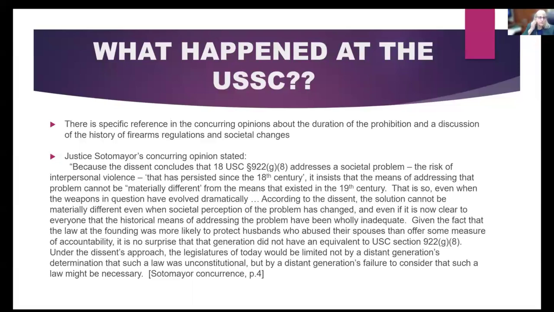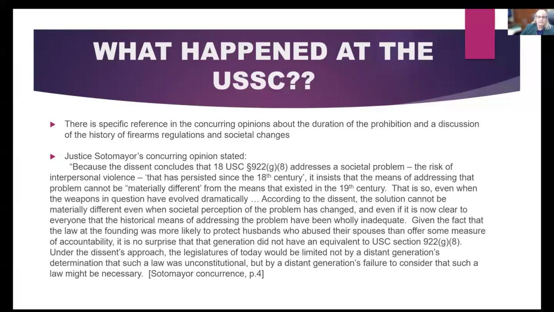Justice Sotomayor, within her concurring opinion, stated, because the dissent, and she's referring to Justice Thomas's dissent, which sort of said, no, he has a right to bear arms and you shouldn't be allowed to stop that even with a protective order. Because the dissent concludes that this 18 U.S.C. addresses a societal problem, which is the risk of interpersonal violence that has persisted since the 18th century.